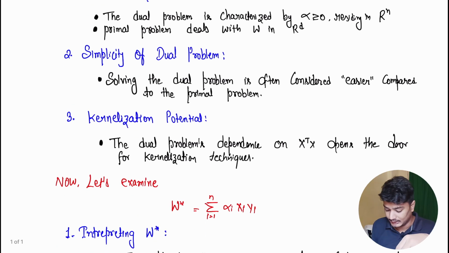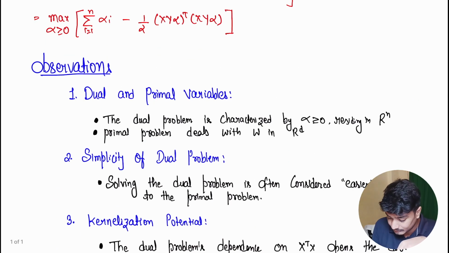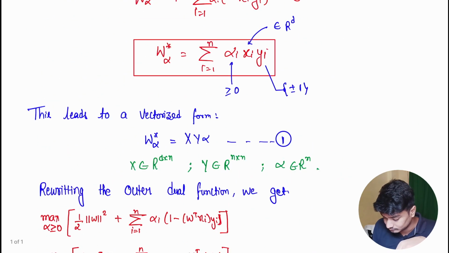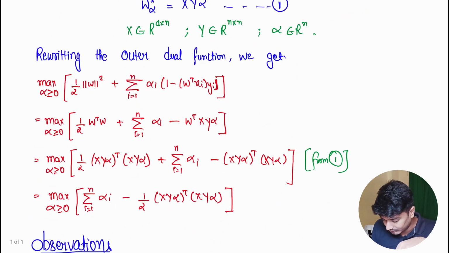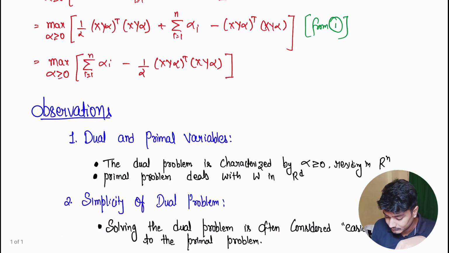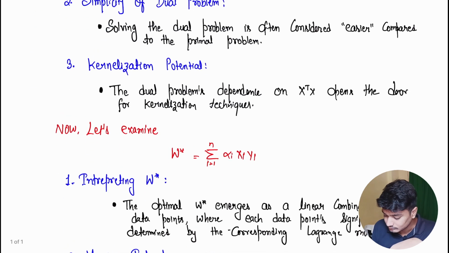And the third thing is the dual problem's dependence on X transpose X. You can see, if we multiply this, we will get this X transpose X. That opens the door for the kernelization technique. So when we get this X transpose X there, we can kernelize it. Okay.